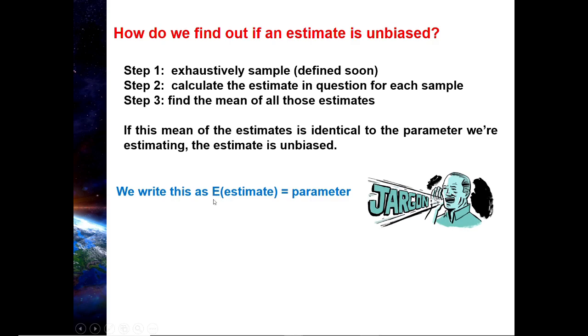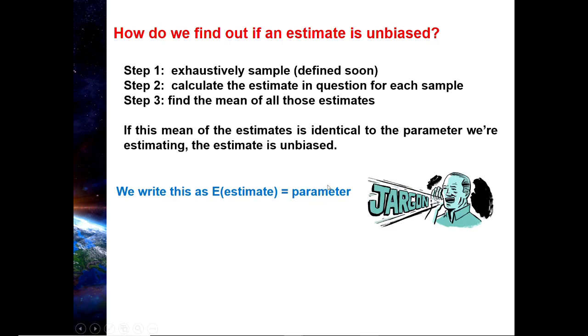The expected value of our estimate equals the parameter. Okay, so E stands for expected, and then here you put whatever it is you're estimating, and then the parameter. So if we were trying to show that x bar is unbiased, x bar would go in the parentheses because that's the estimate.